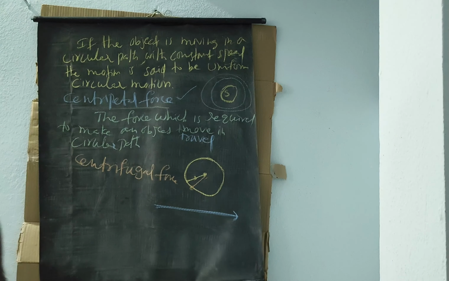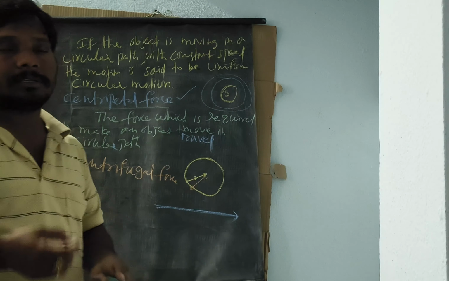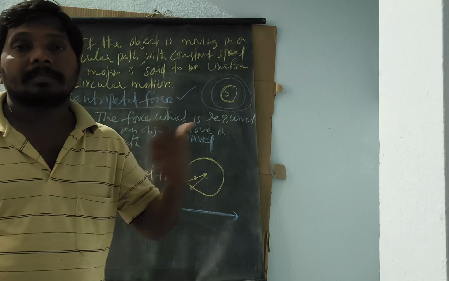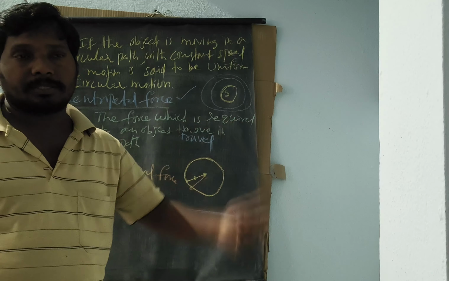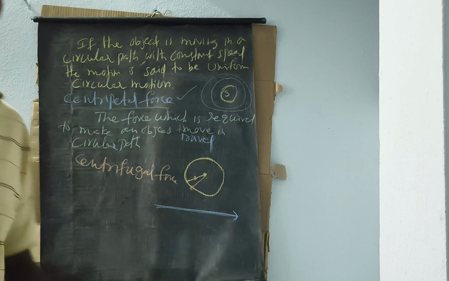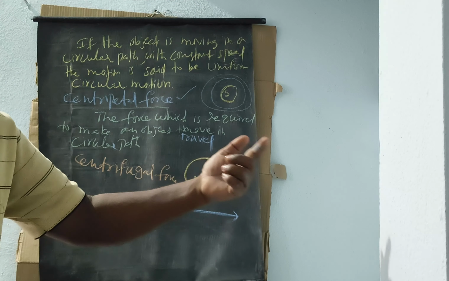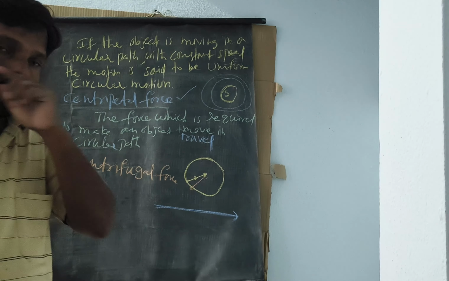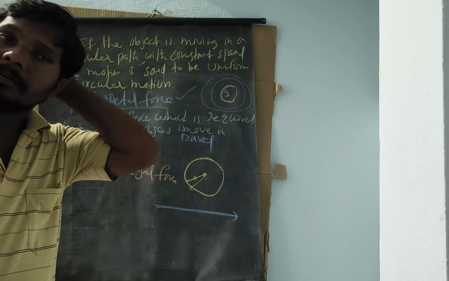So the tips of handles, the tip of the second hand needle in a watch or in a clock, the motion of the tips or hands of a watch, is also an example of uniform circular motion.